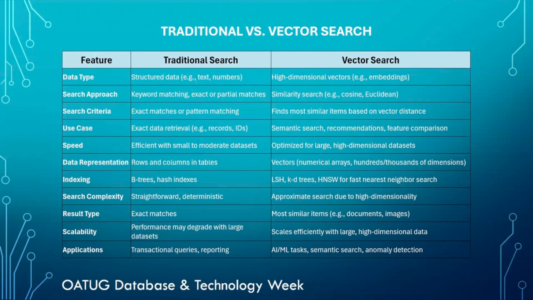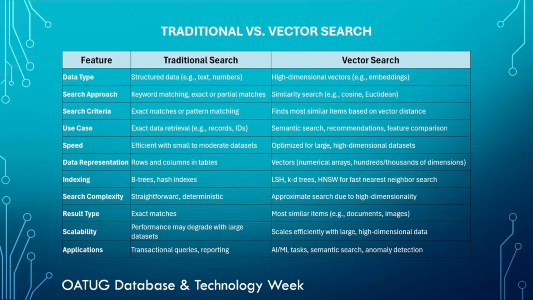Indexing can be used in both places. Traditional search uses B-trees and hash indexes, but in vector search, different types of indexes are being used. Search complexity is very straightforward in traditional search, but in vector search, the complexity is really huge.